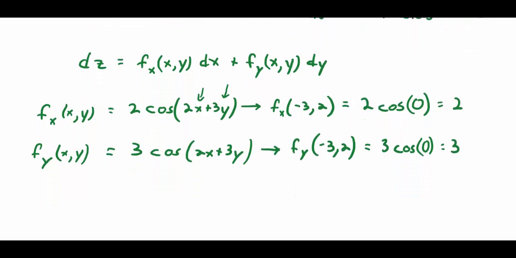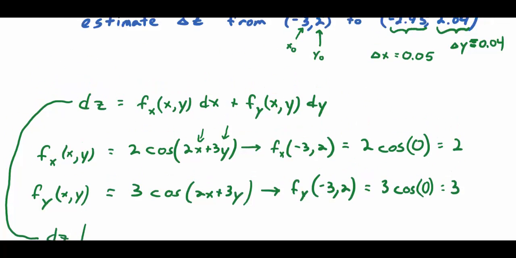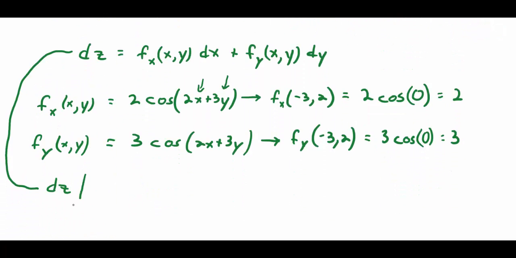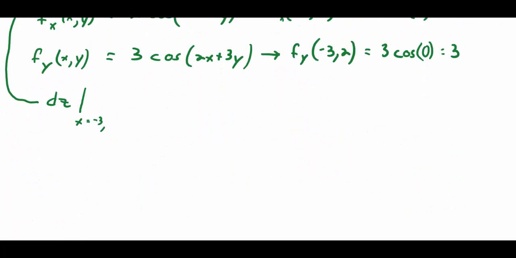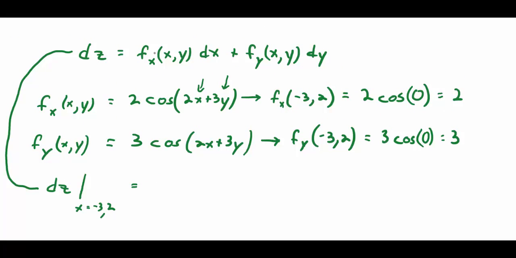Okay. So now dz. This is dz evaluated at these particular values. So you could say dz when, one notation you could use, x is equal to negative 3 and y is equal to 2. You could say then when you plug it in, you get the partial, which is just 2, right?